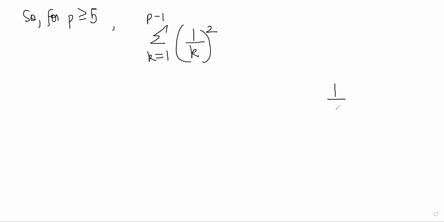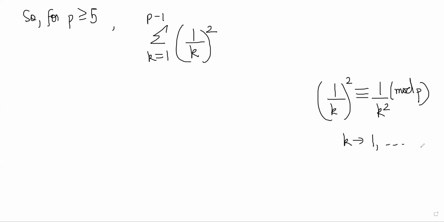Now 1 by k whole square is congruent to 1 by k square mod p, where k goes from 1 to p minus 1.